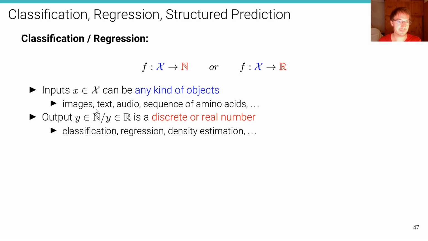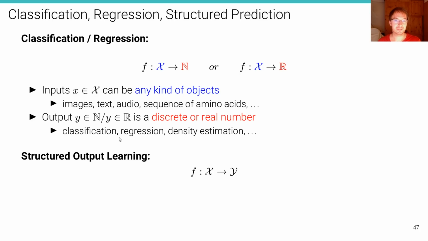For instance, images, text, audio, sequences of amino acids, etc. The output is either a discrete or real number. It's important that it's a single number. So we are predicting a single discrete or real number. For instance, the label of an image. Is the image showing a dog or a cat? Or regressing a single number for the stock market, etc.